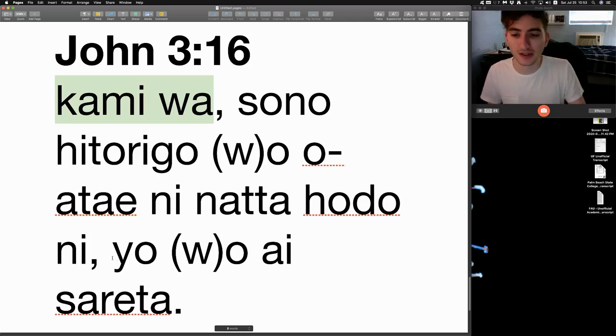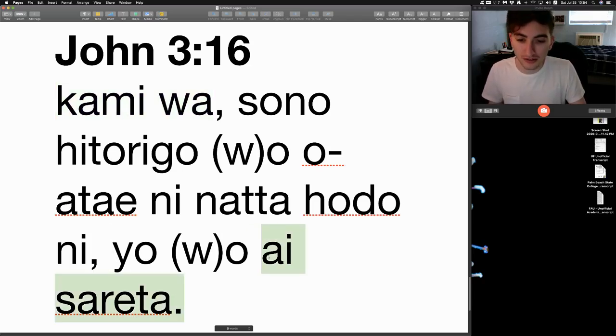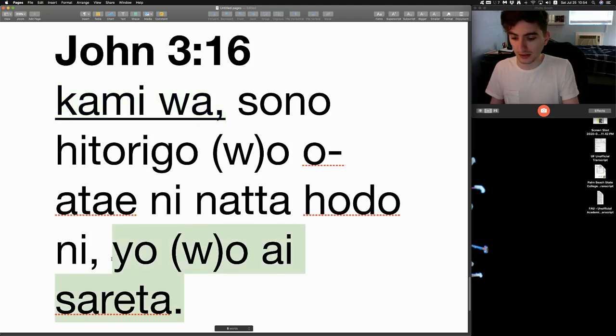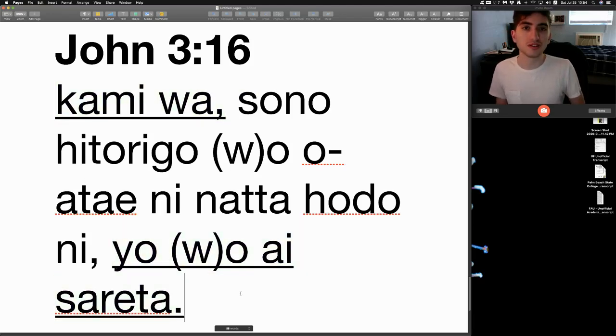Let's look at the second part. Loves the world. That's the main part of this verse. You know what? I'll underline it. God loves the world. Let's go backwards now, because English is backwards from Japanese.